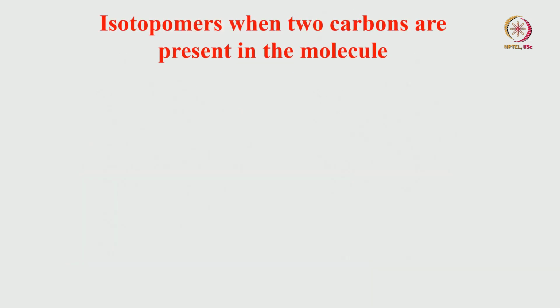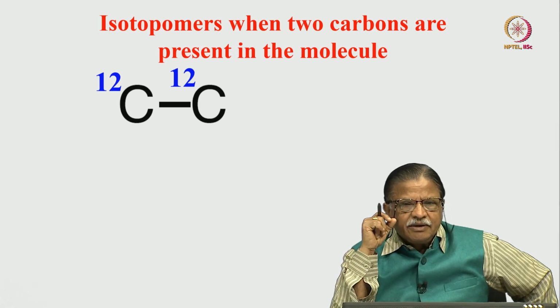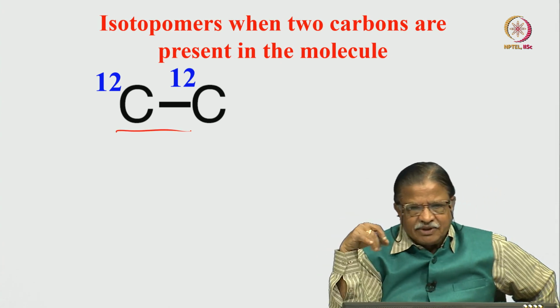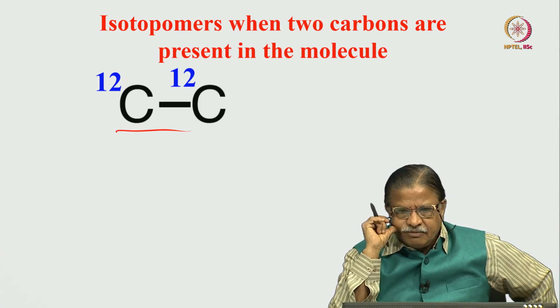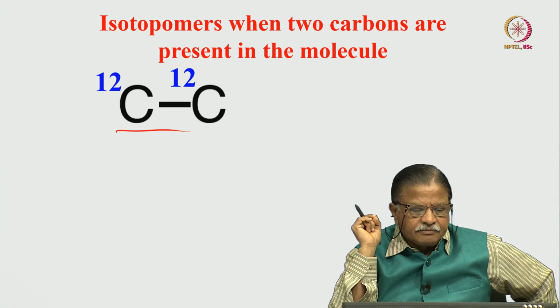Okay. So, let us consider isotopomers when 2 carbons are present in the molecule. Instead of a single carbon, let us see what happens if I have 2 carbons present in the molecule. We can think of possible combinations. I am taking a hypothetical molecule, do not worry about other substituents, with 2 chemically inequivalent carbons bonded by a single bond like this.